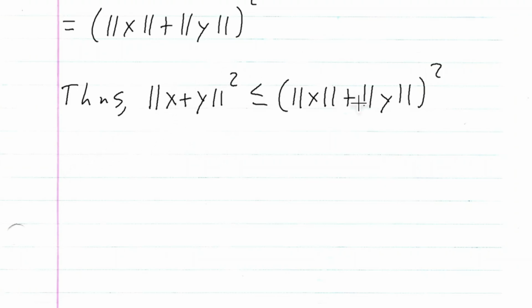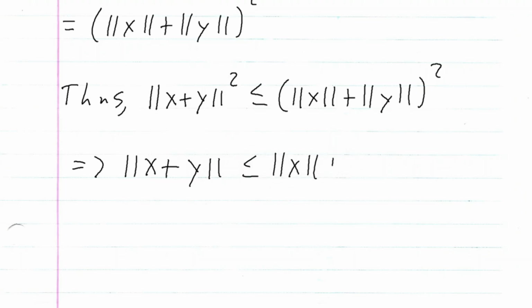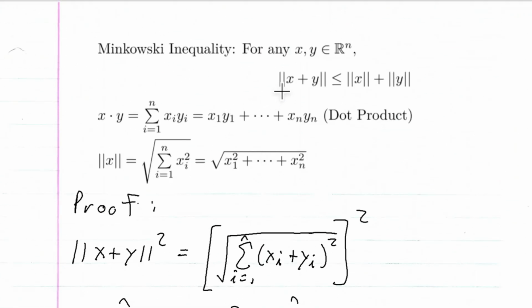Since both of them are positive, we know that the norm of x plus y is less than or equal to the norm of x plus the norm of y. And that is the Minkowski inequality. That is what we tried to prove.